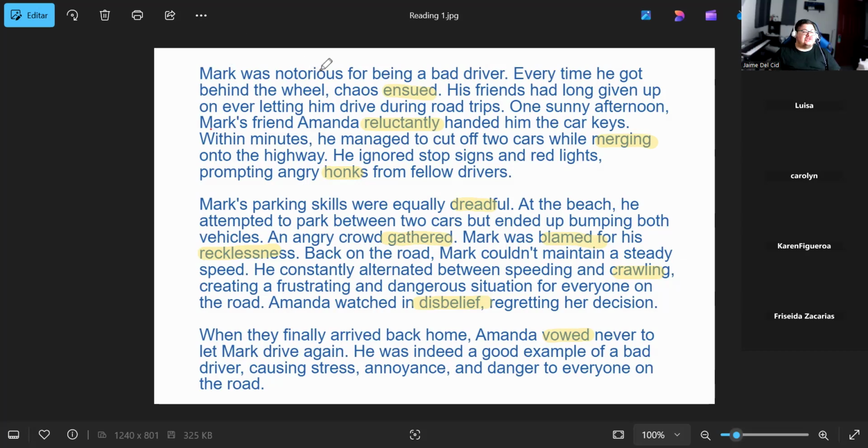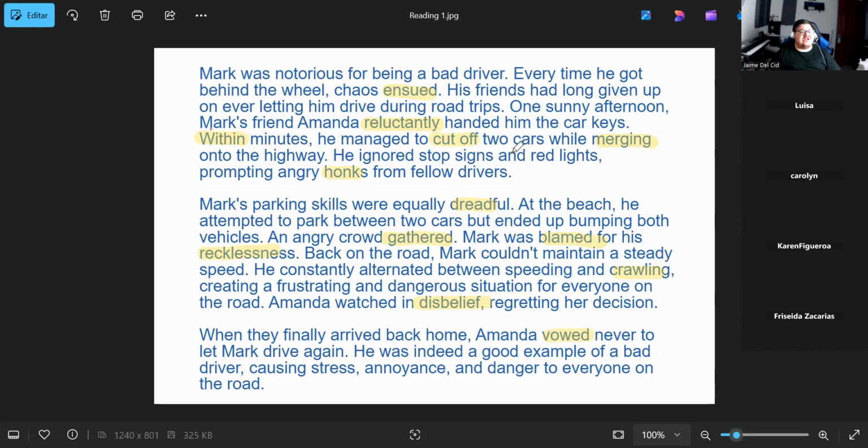Mark was notorious for being a bad driver. Every time he got behind the wheel, chaos ensued. His friends had long given up on letting him drive during road trips. One sunny afternoon, Mark's friend Amanda reluctantly handed him the car keys. Within minutes, he managed to cut off two cars while merging onto the highway.